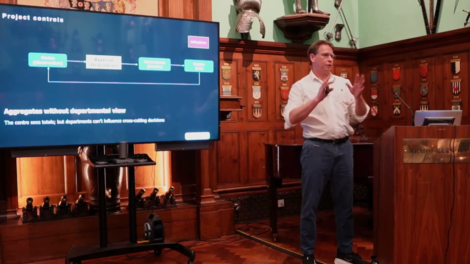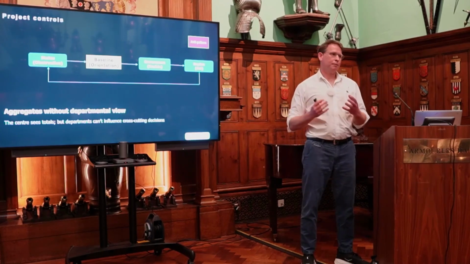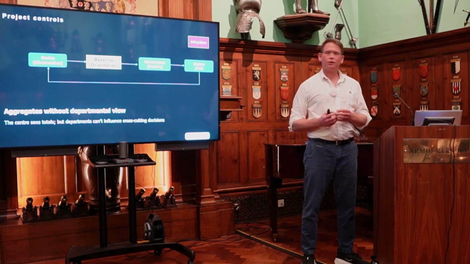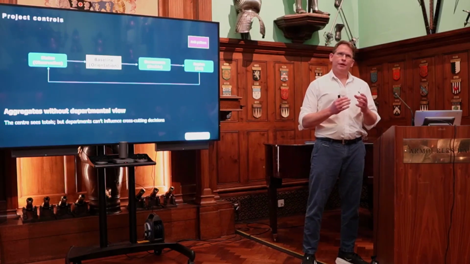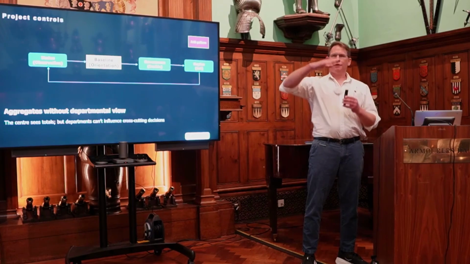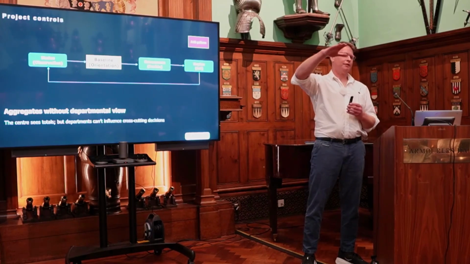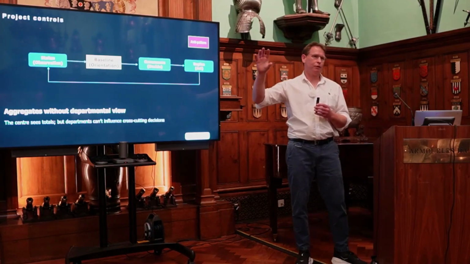Obviously there was the usual stuff that departments had, but when programs were making decisions on the projects, the departments were underrepresented because the data hadn't been aggregated, or not enough of it had been aggregated at the department level.